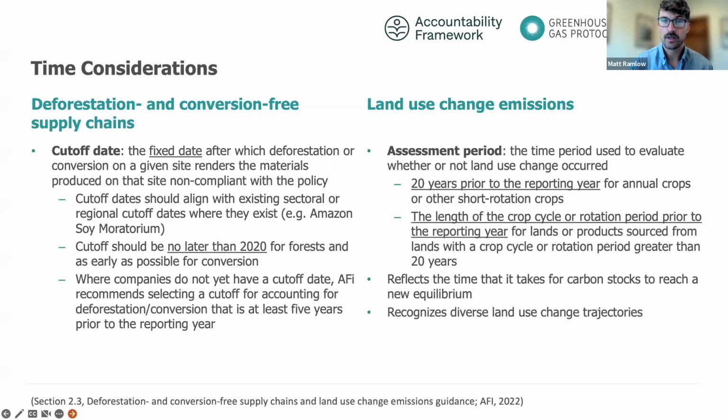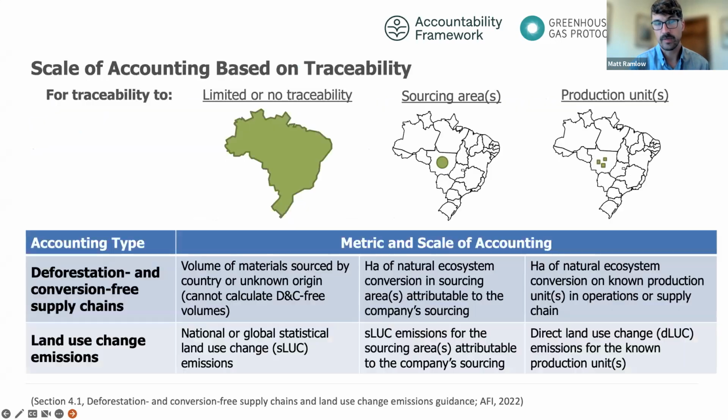For crops with longer rotation periods, such as forestry or certain tree crops, this may be greater than 20 years, and then that longer period would be used. And this is building on precedent within IPCC of the time that it takes for carbon stocks to reach a new equilibrium, and it also recognizes diverse land use trajectories. We'll see how these are implemented a little bit differently as we go through.